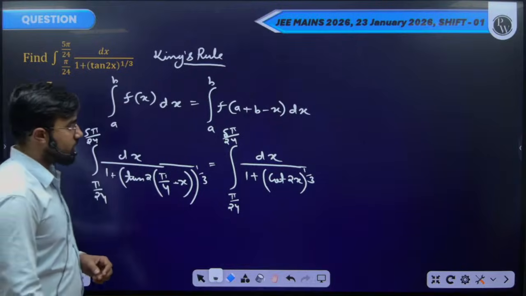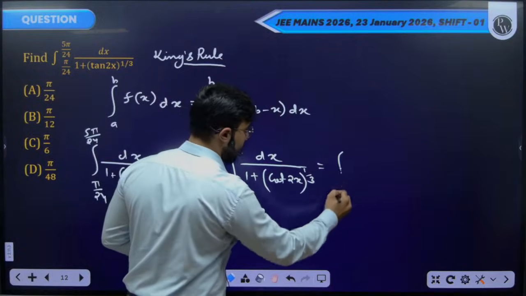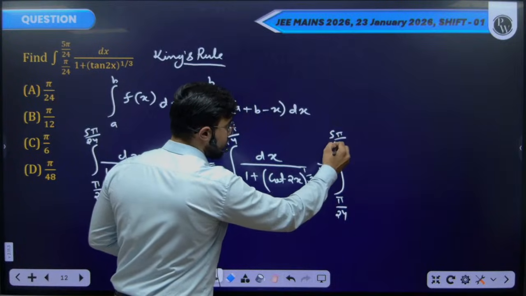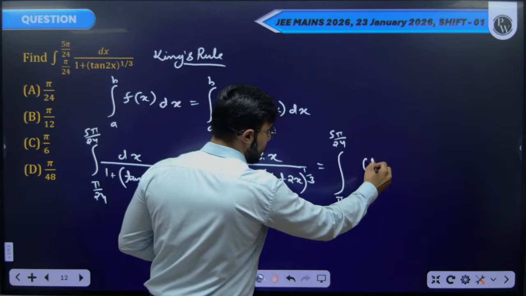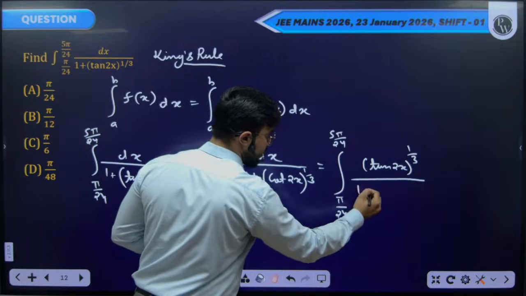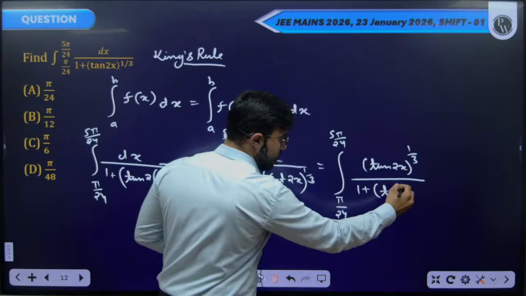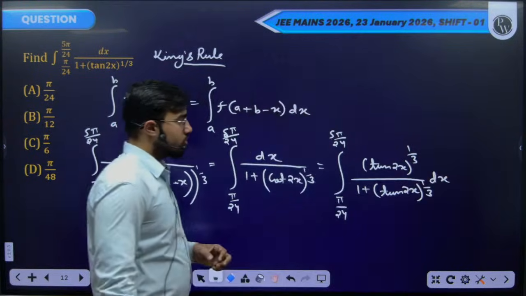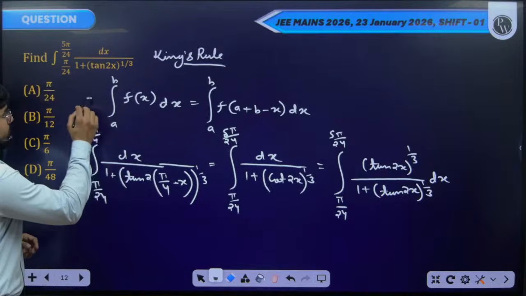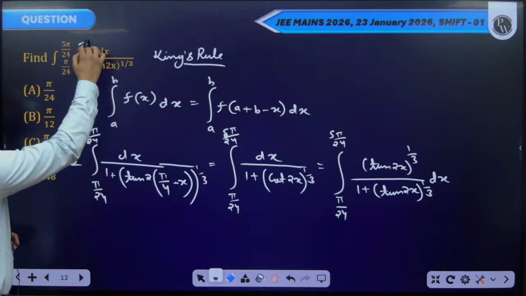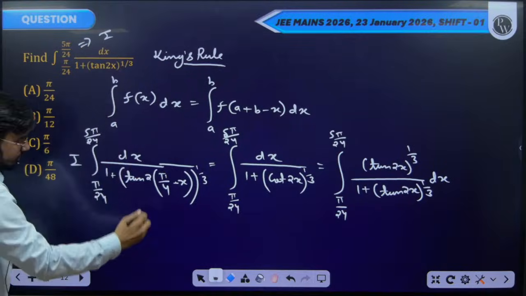Now you can just convert cot 2x into tan. So what you will get? You will get the integral from pi by 24 to 5 pi by 24 of tan 2x power 1 by 3 upon 1 plus tan 2x power 1 by 3 into dx. So this is the integration I, and this is also equal to I. Now just add these two integrals.